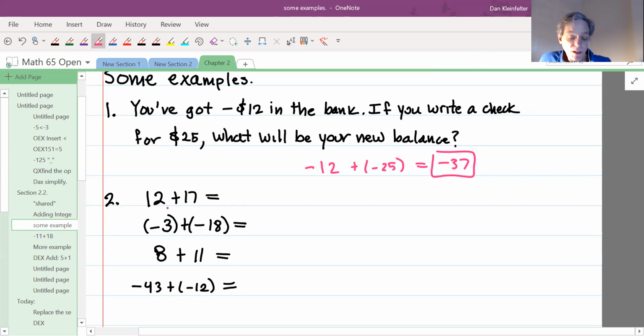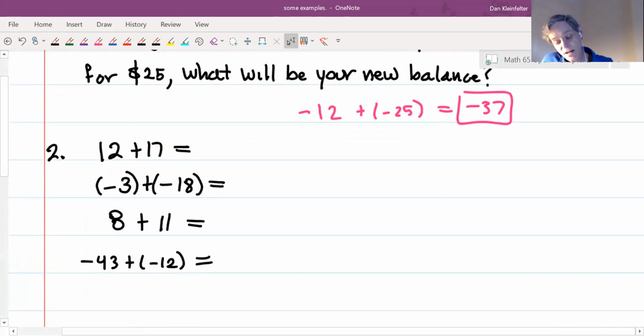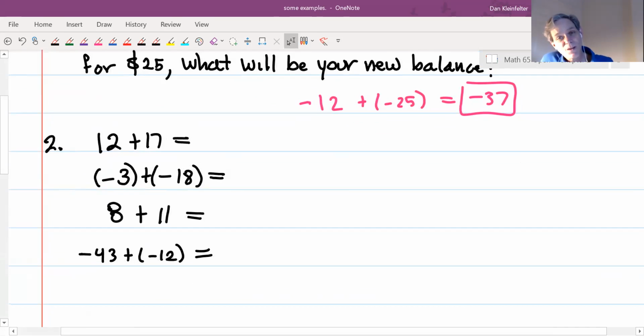Okay. More examples. Pause the video, try these, and then restart it and see how you did. All right, so 12 plus 17, that's going to be 29. We're adding together two positive numbers, we get a positive answer. -3 plus -18, we're adding together two negative numbers, so we'll get a negative answer. And then 18 plus 3 is 21, so -21.